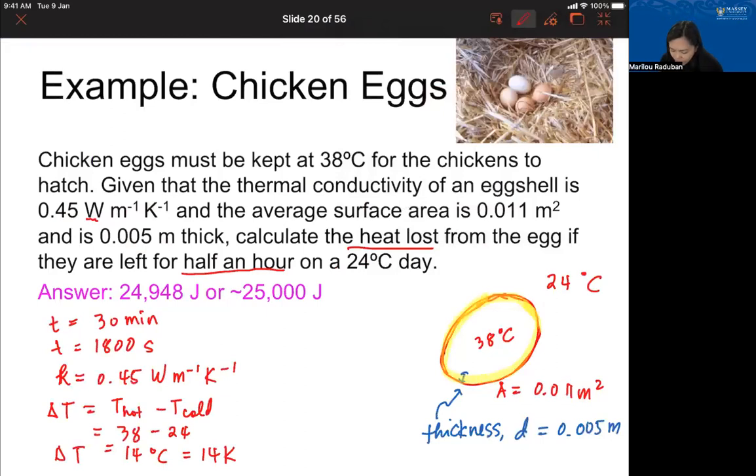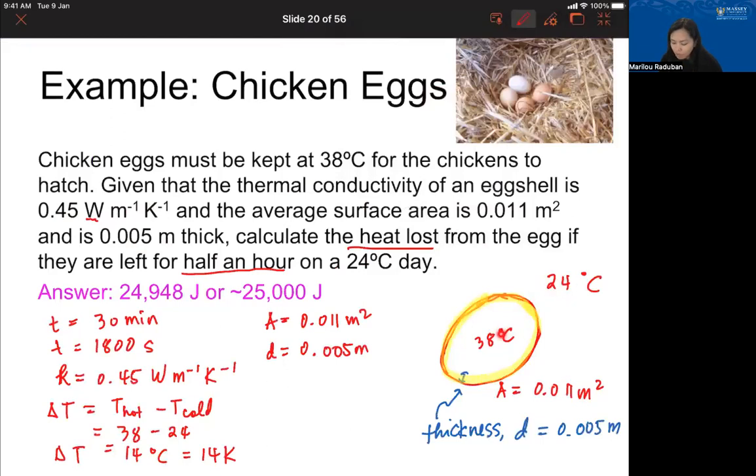Okay, so if you imagine the scenario here, you have an area of 0.011 meters squared and a thickness of 0.005 meters. Imagining the scenario, you have an egg that's at a different temperature to its environment, so there's a difference in temperature.